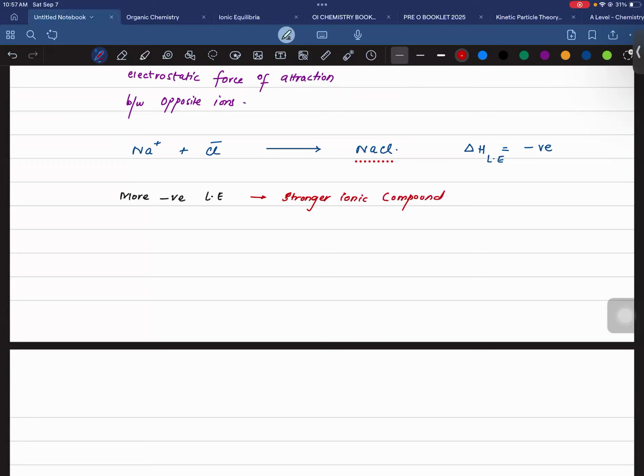And if you have less negative lattice energy, that would be a weaker ionic compound.